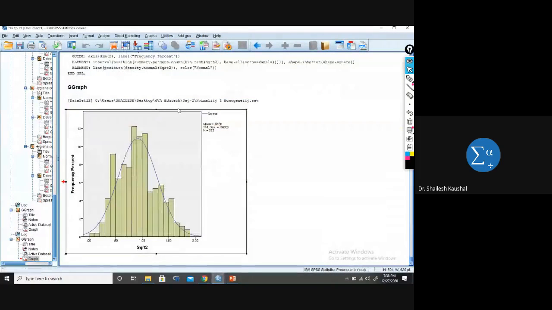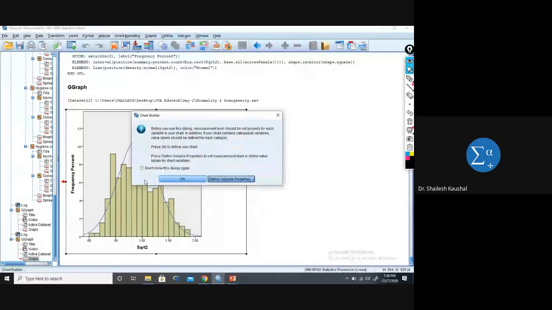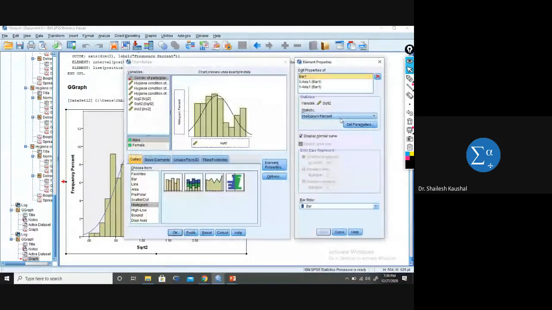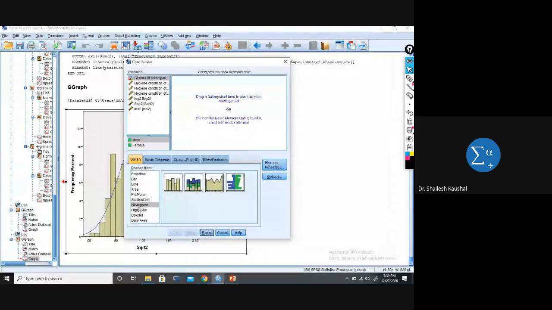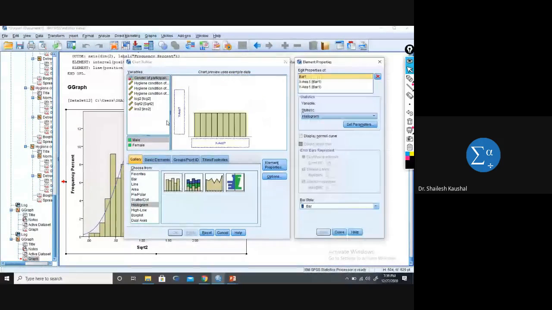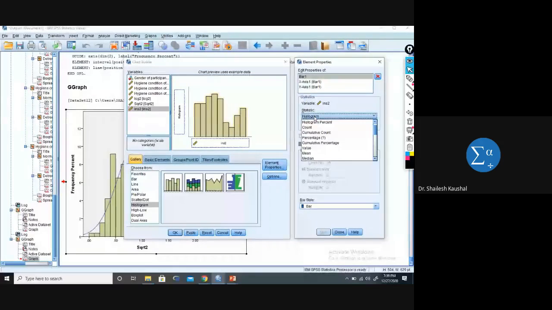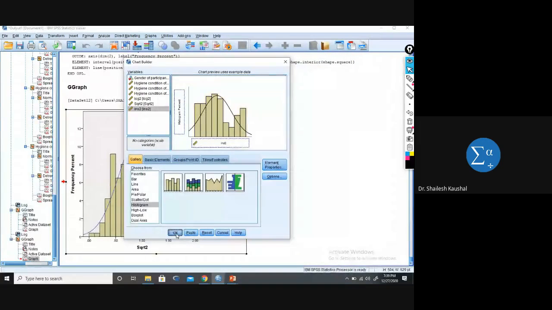Now we use another method, inverse root transformation. Graphs, chart builder, and then okay, and after okay, reset. I am selecting simple histogram and inverse ins2 into the x-axis, and I'm changing histogram percent, display normal curve, apply, and then close, and then okay.